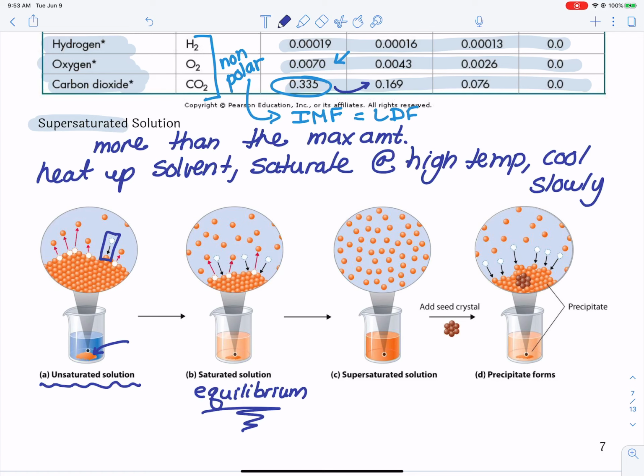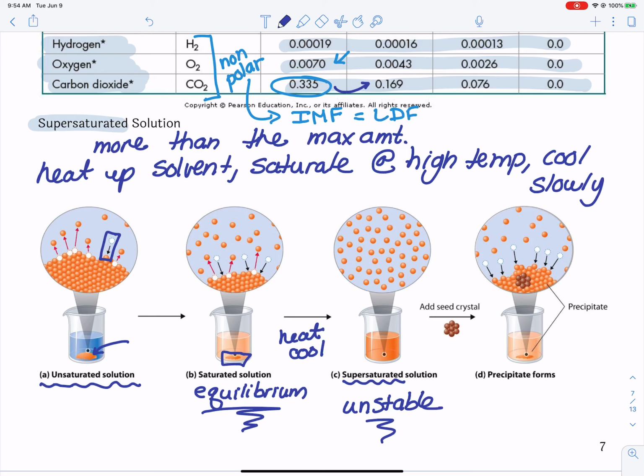So then what could we do? Look and see how there's still some solid, undissolved or in crystal form on the bottom. Well, if I heat this up and then cool, I could make a supersaturated solution. Look at how much more orange that is. Once I have a supersaturated solution, this is very unstable. Any sort of disturbance will cause it to recrystallize.